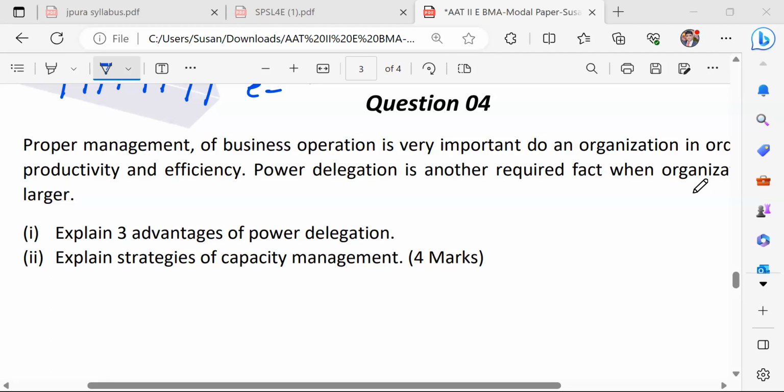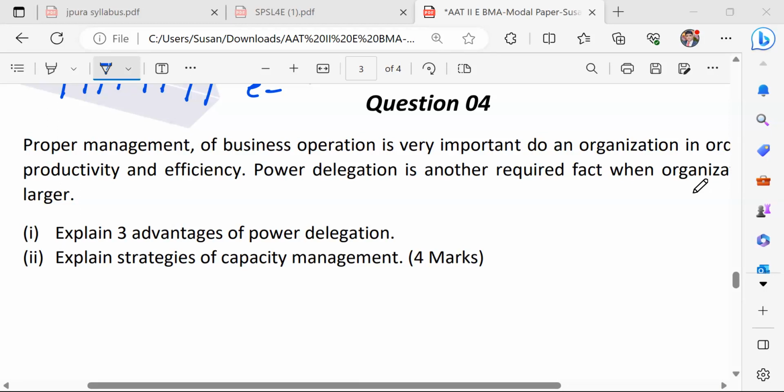Under this operations management, we have discussed different capacity planning, right? What is over capacity, what is lower capacity, right? Everything we have discussed, right? Now we can plan capacity according to different criteria, right?